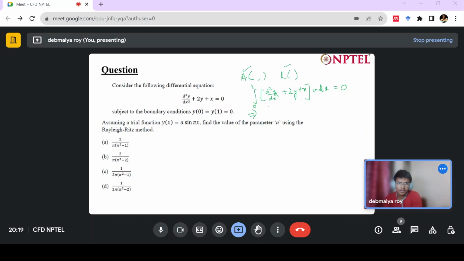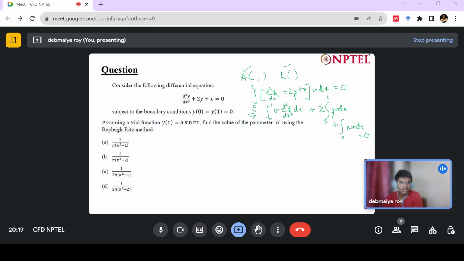So we have integral 0 to 1 of v d2y dx2. I'm just writing the terms separately so that we can evaluate them separately. Plus the integral of yv dx, plus the integral of x v dx, all of them from 0 to 1.